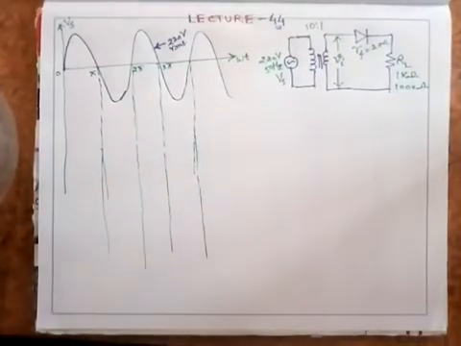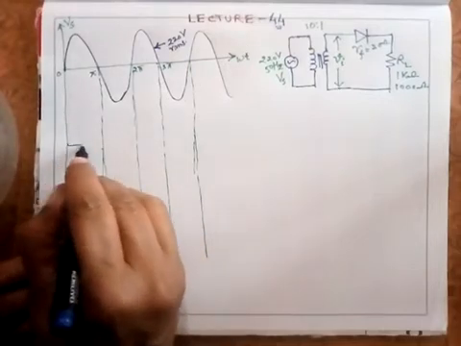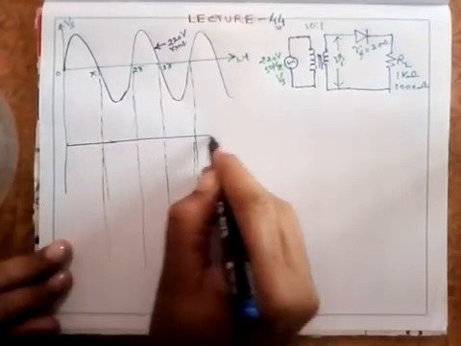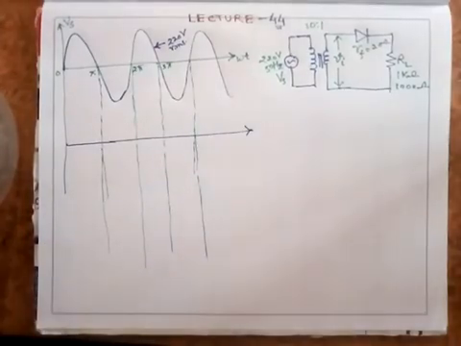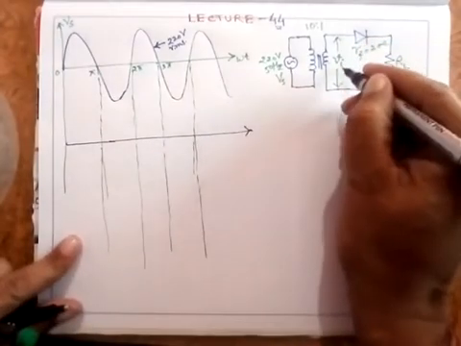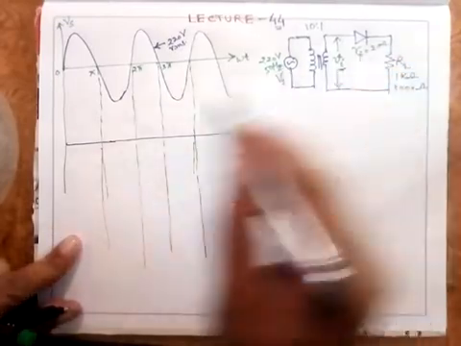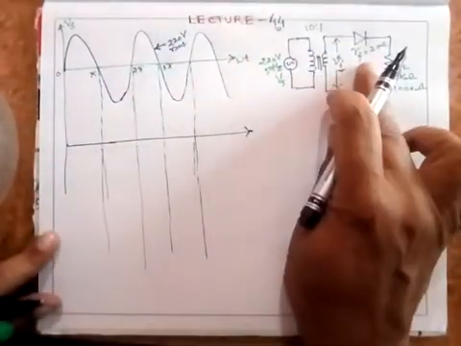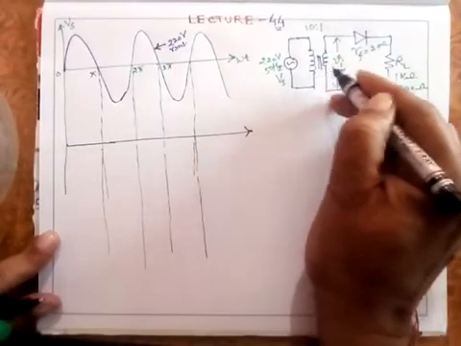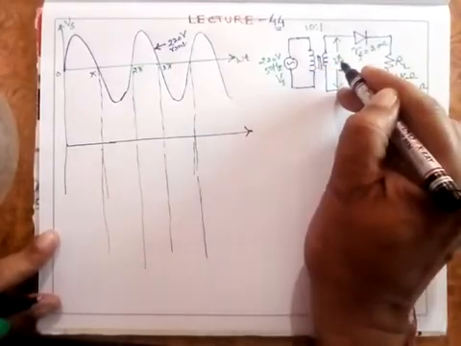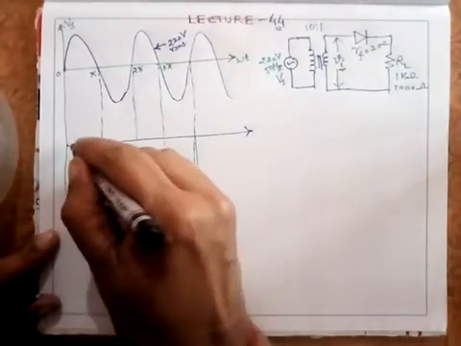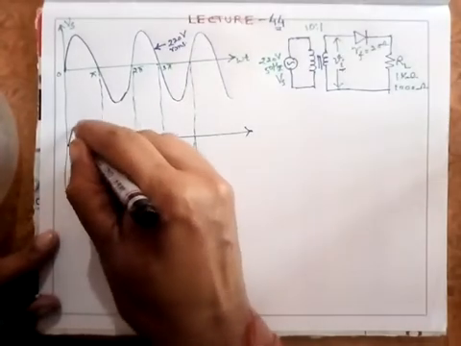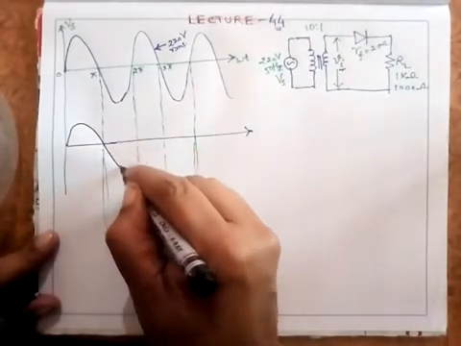Next I draw Vi, the signal here that is stepped down by the transformer. Of course, it will be a sinusoidal signal. The function of this transformer is to either step up or step down without changing its shape, meaning frequency and time period remain the same. So I'll get a waveform of this nature here.